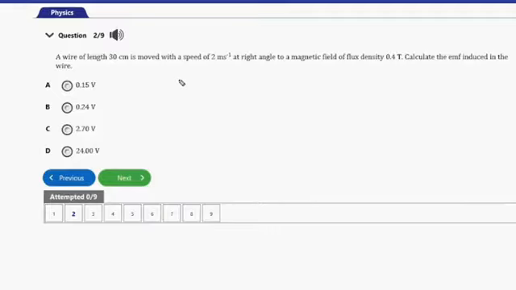If we use the formula, EMF is equal to BLV sine theta, B is given as 0.4, L is given as 30 cm, that's 30 over 100, 0.3, and V is given as 2 meters per second, that's the velocity.